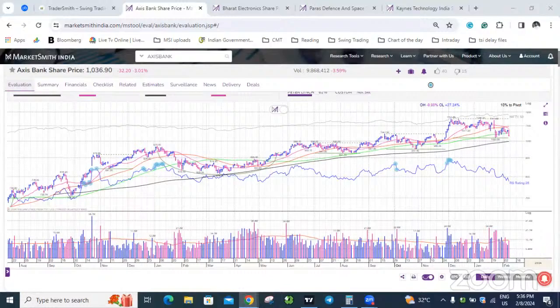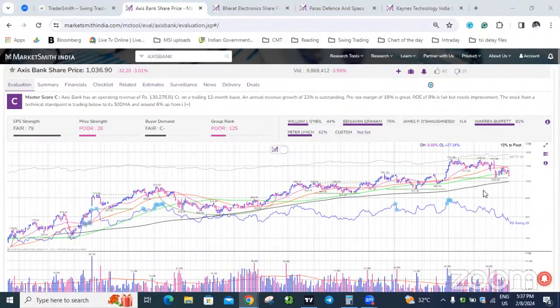Any particular stock, especially from the private banking space, is showing negativity. Among them, stocks like HDFC Bank and Kotak Bank are more negative compared to Axis Bank and ICICI Bank. But overall the trend is negative in this entire private space.